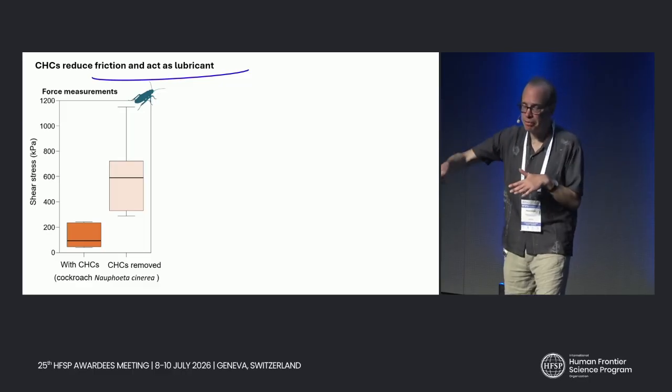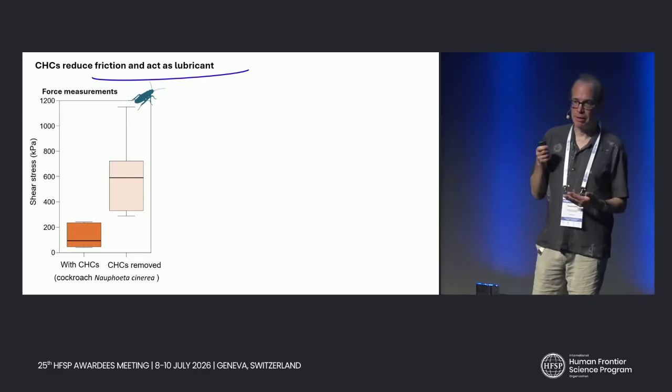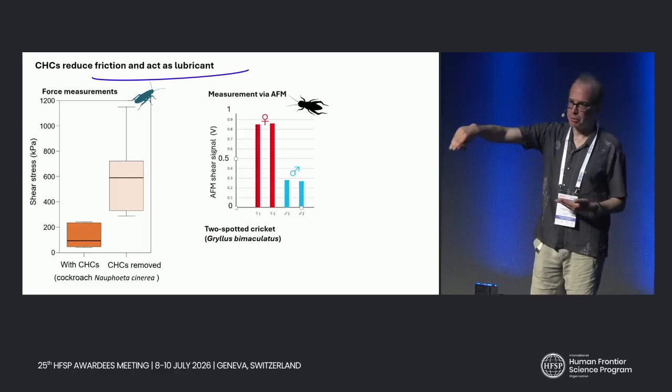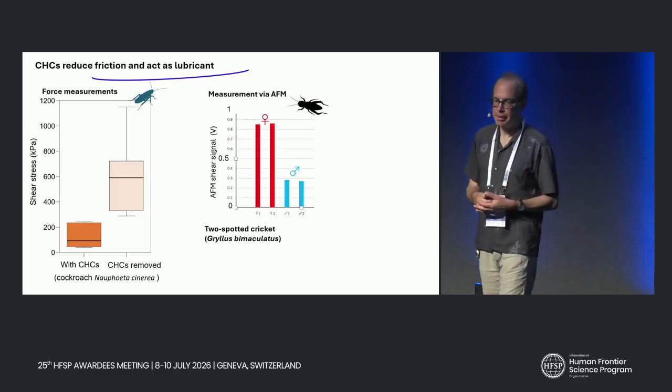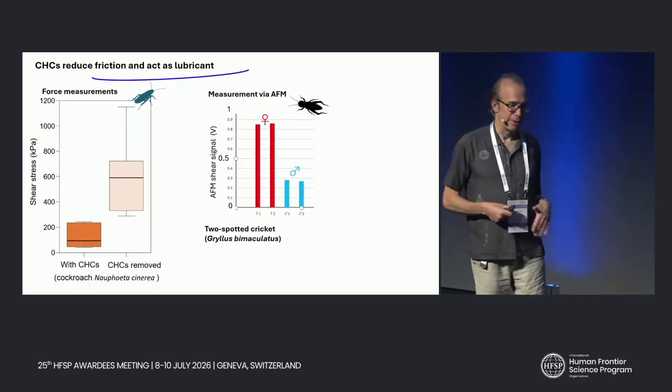When you remove the CHCs, it's much higher. We could also confirm that with a completely different measure using the cantilever of atomic force microscopy, AFM. And we did that with a two-spotted cricket. And there we also found quite a shear signal.